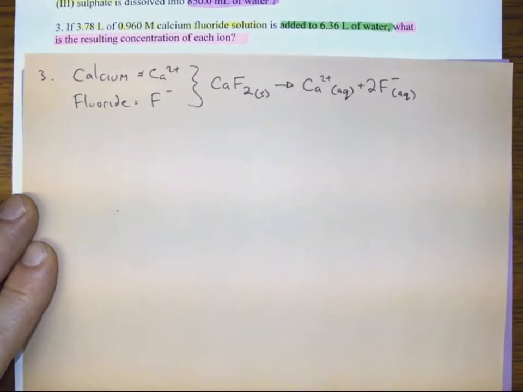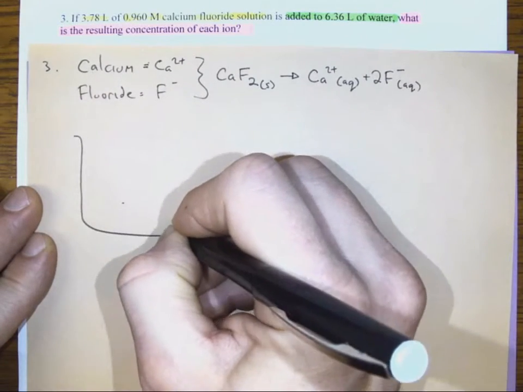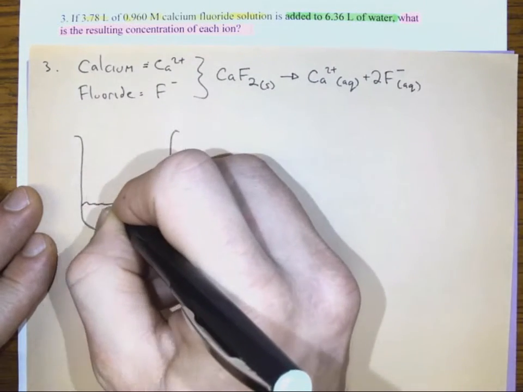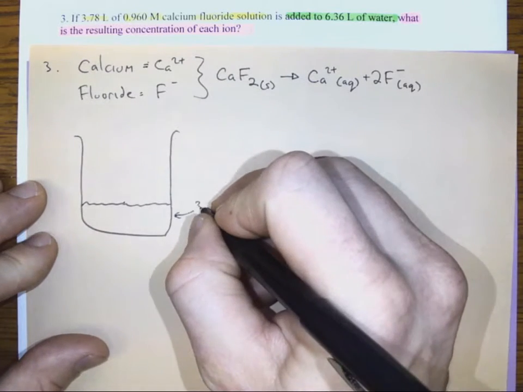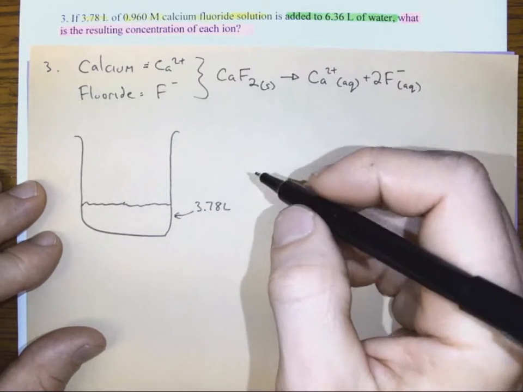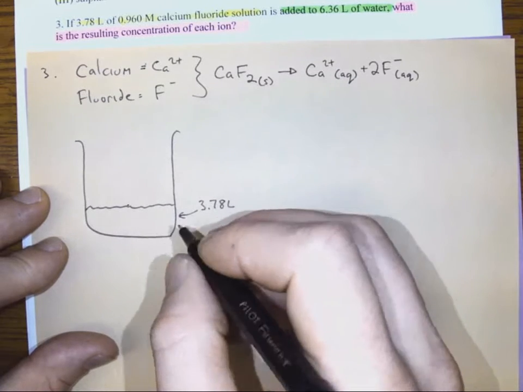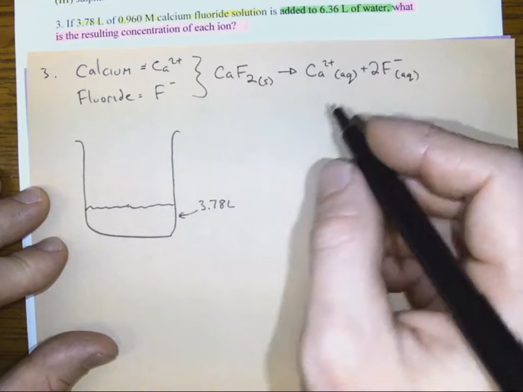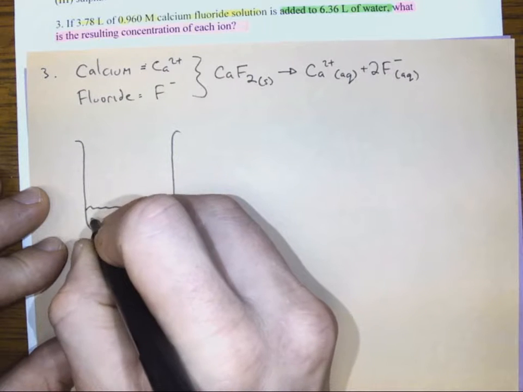Now I might take a second to draw a picture. So I know I have some beaker, and it's a big beaker, I guess. It's like a bucket. We've got about 3.78 liters, which is roughly like a gallon, like a big ice cream tub. And that's water mostly. And it's got some calciums and some fluorides.